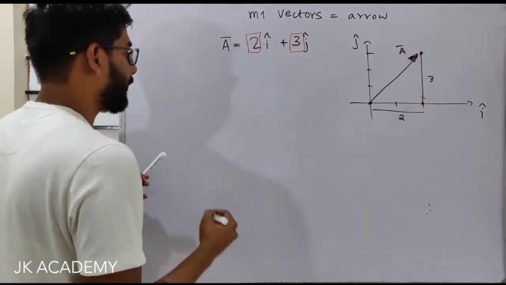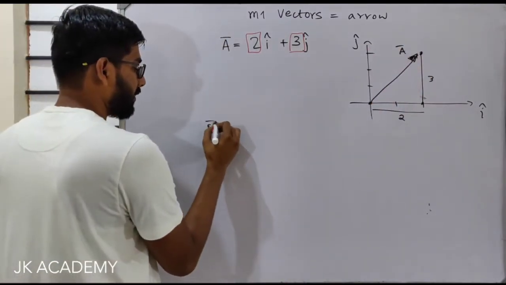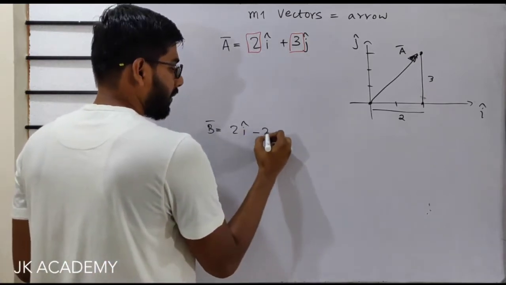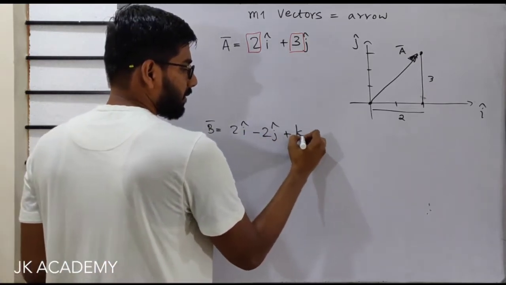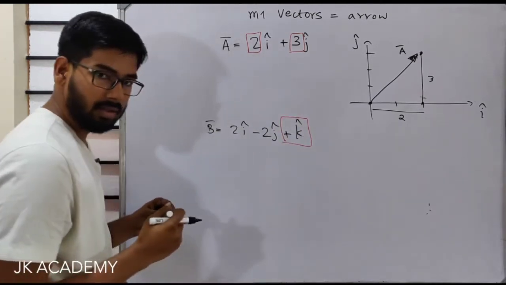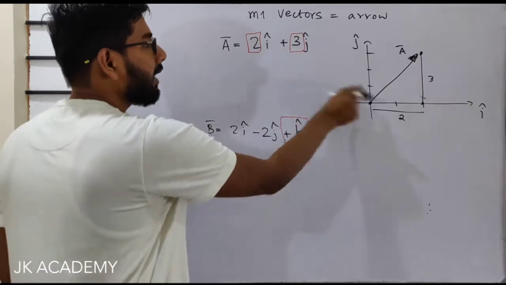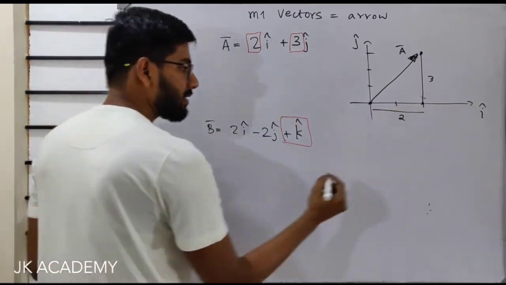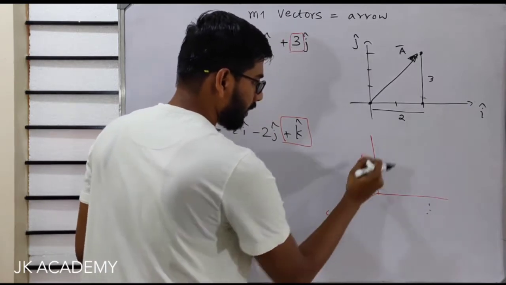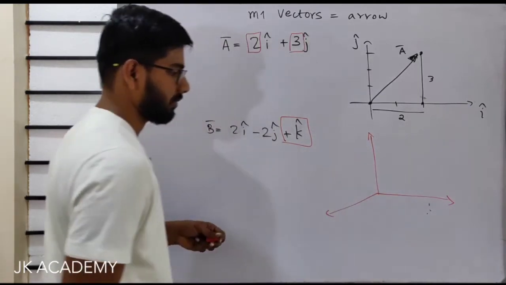If I have b bar equal to, say, 2i cap minus 2j cap plus k cap, now I have a new term k. For i and j I had 2 axes. For i, j, k I will obviously have a 3-dimensional axis system.